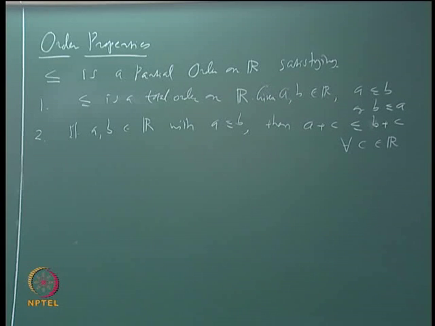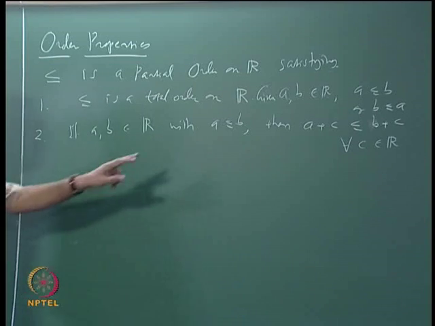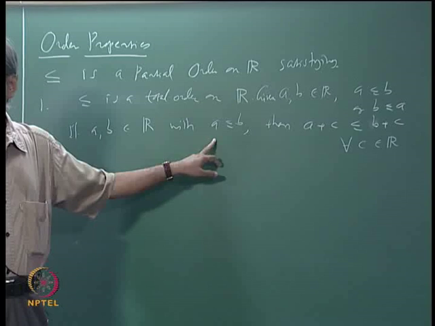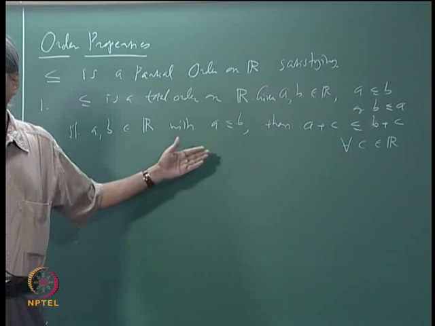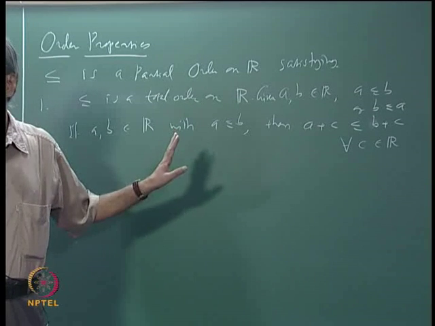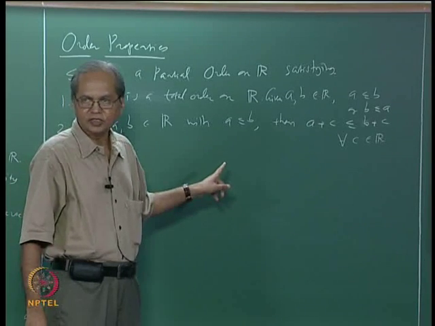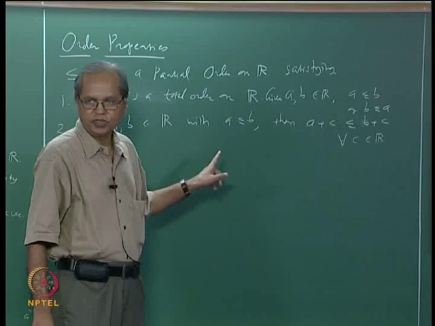But you can see that something like that is not true about the multiplication. Suppose a is less than or equal to b, and if I multiply both of these by some number, let us say alpha, then you cannot in general say alpha a is less than or equal to alpha b. But we can say that under some extra condition, and that is when alpha is bigger than or equal to 0.